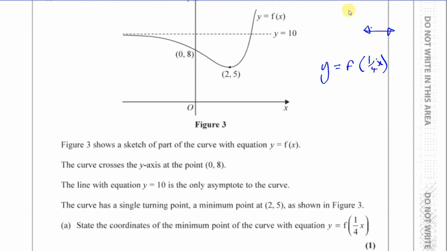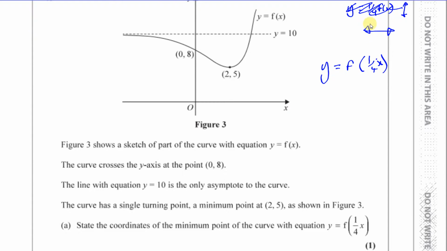If it was y equals a quarter f of x, then this would affect only the y values and leave the x values unaffected. But that's not what we got. We got this, so the x values are affected and the y values are unaffected. But when something's inside the function like this, it acts in the way opposite to what we normally might think.